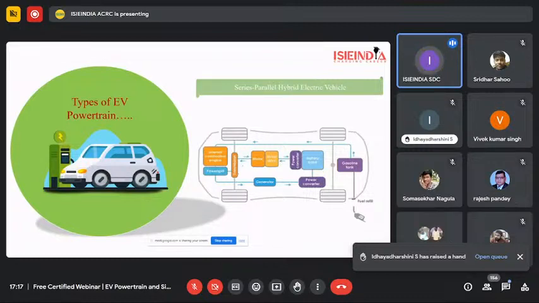So can anyone explain to me the limitation of this series parallel hybrid electric vehicle, or hybrid electric vehicles in general? Why did it not become a success? There are a few hybrid electric vehicles, but why is everyone focusing only on battery operated electric vehicles? Why not hybrid electric vehicles?